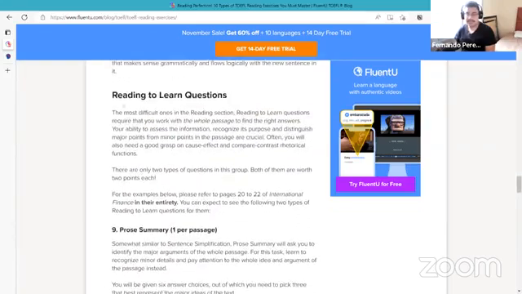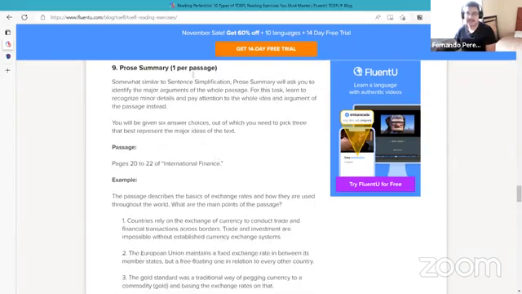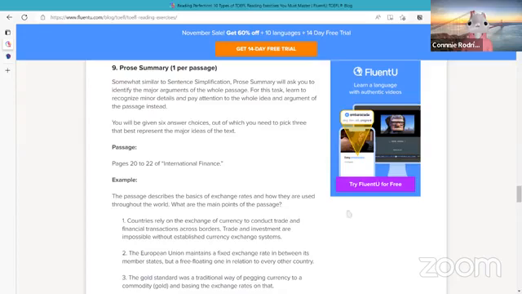Let's read the last two. The reading to learn questions. Reading to learn questions are very similar to factual questions because we are talking about specific points in the text. So let's try with number 9. Prose summary, somewhat similar to sentence simplification.